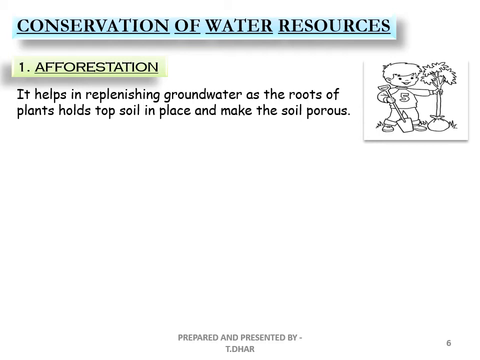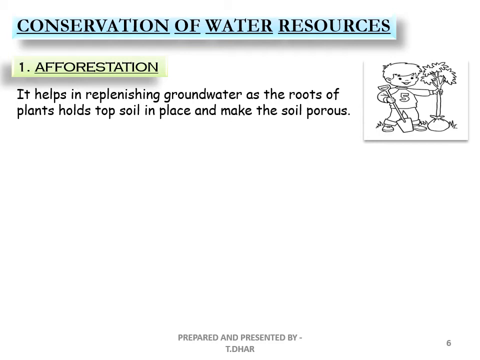as the roots of plants hold topsoil in place and make the soil porous. So when we plant trees, the roots of the trees hold the soil very firmly and also make the soil porous.